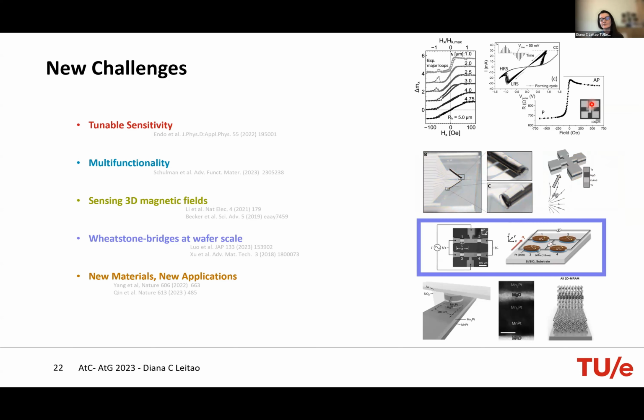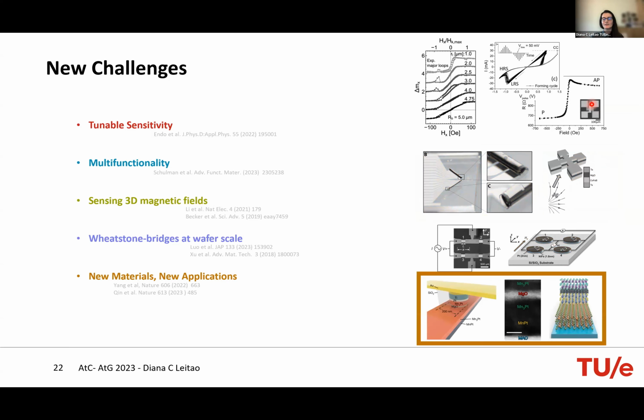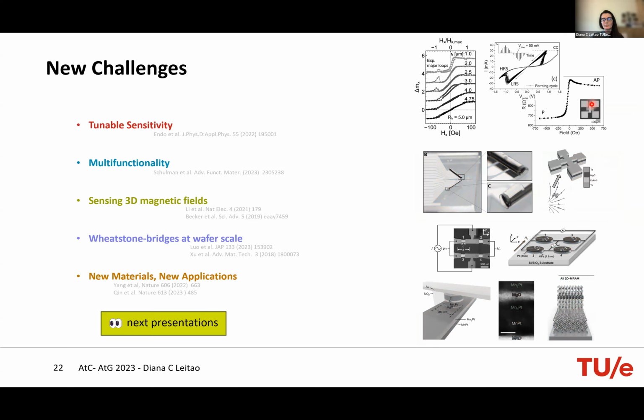So for final devices, being able to monolithically define different orientations would bring quite some interesting applications. And of course, devise new materials and new applications. And for that, I would like to call your attention to the several presentations that come next in this session.